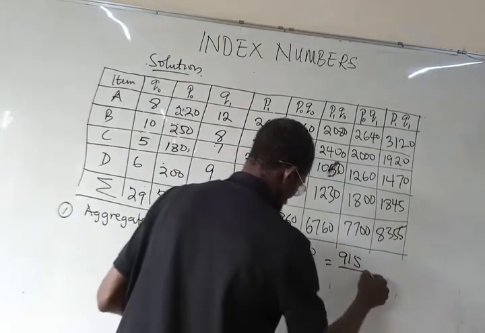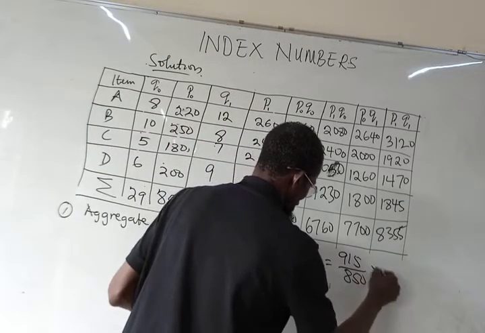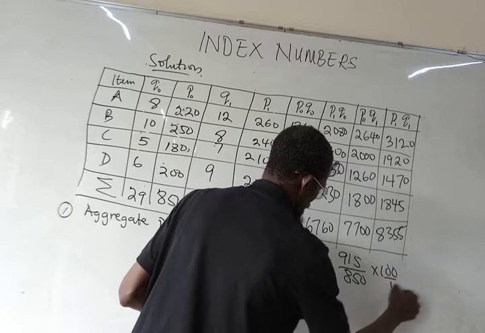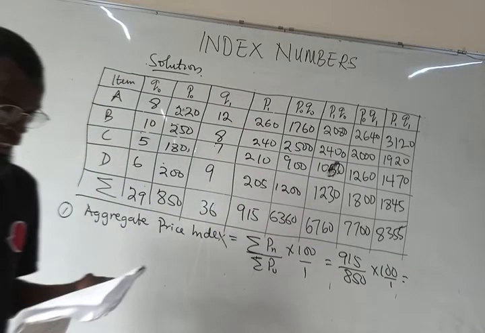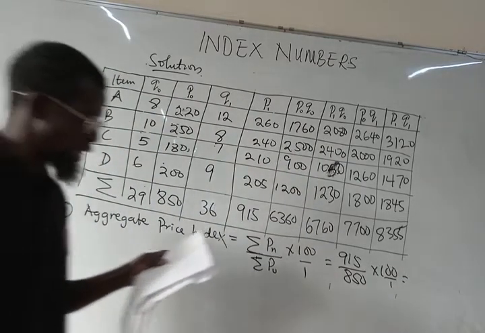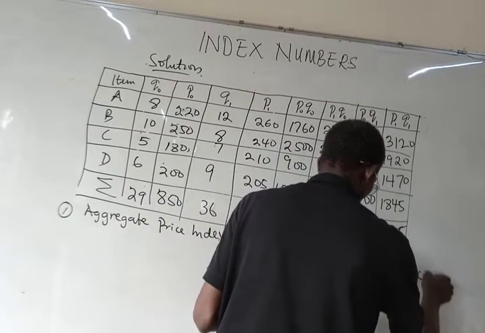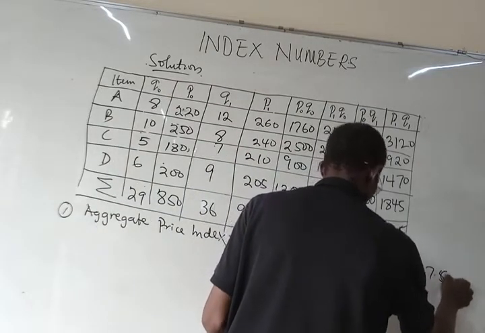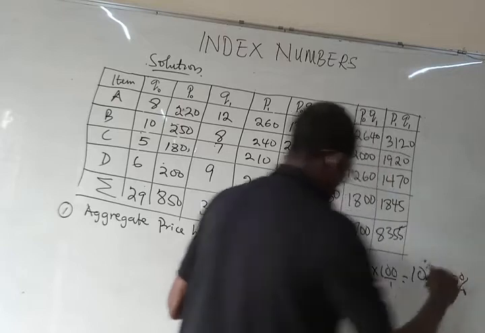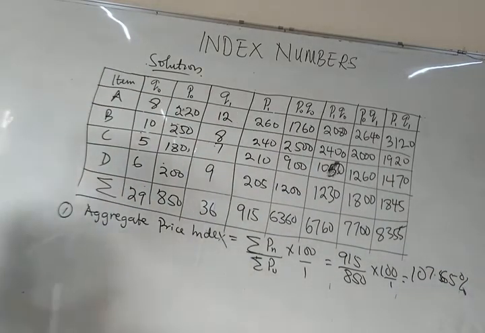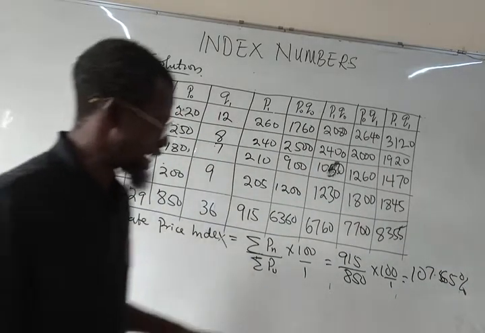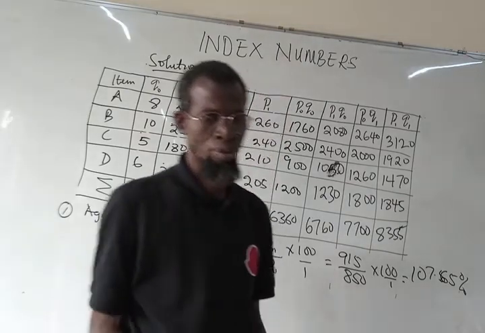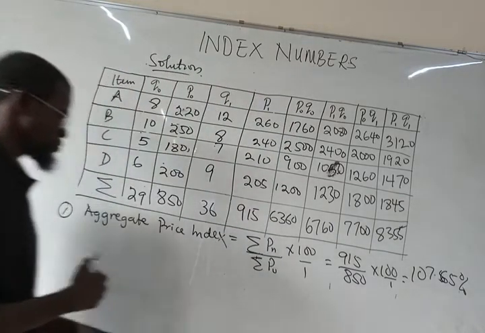It is 850. 850 then times 100 over 1. And that will give me what? I know that one will give me 107.65%. So which means there is an increase of 7% if I use that method.